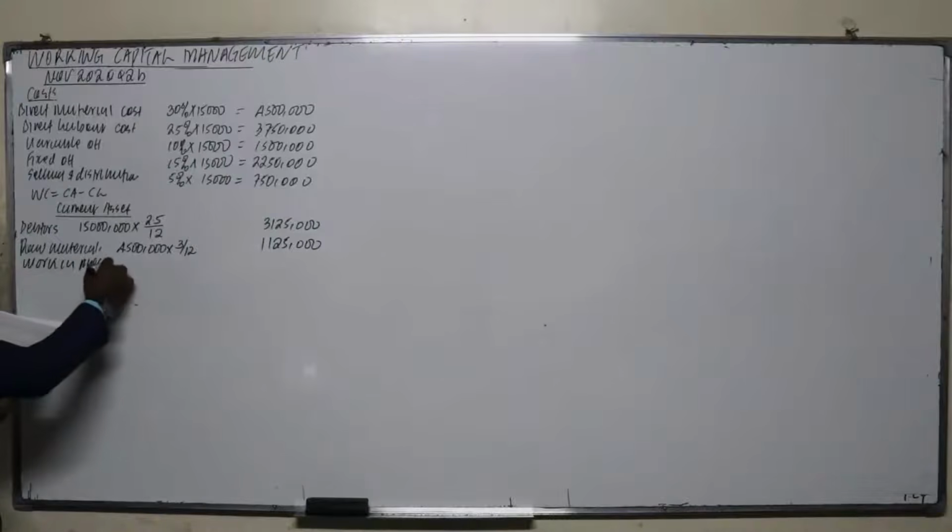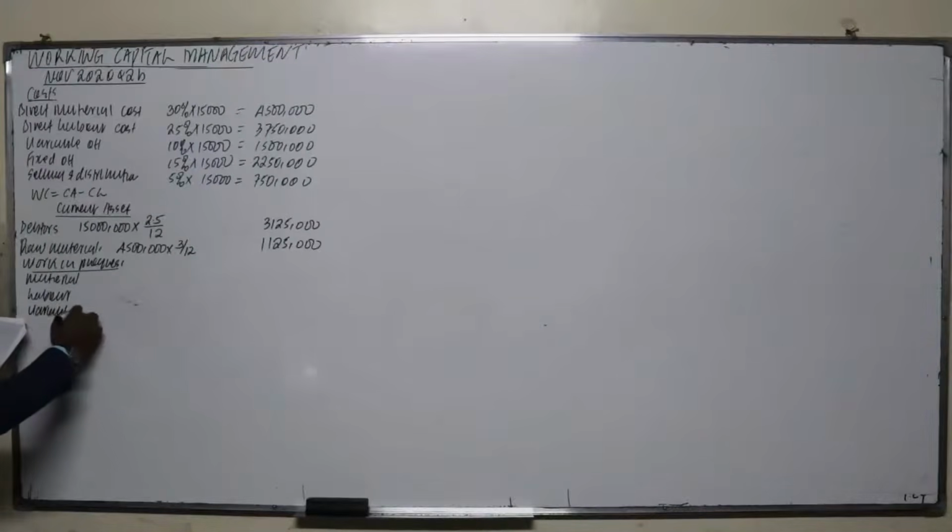Then work in progress represents 2 months worth of half processed goods. Now let's go to note number 3. Note number 3 says the work in progress and finished goods are valued on material, labor, and variable expenses. So we need work in progress. You're told that the work in progress is valued on material, labor, and variable expenses.